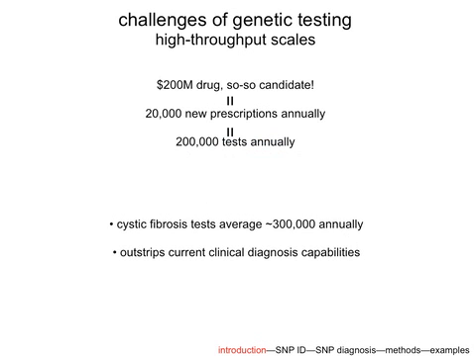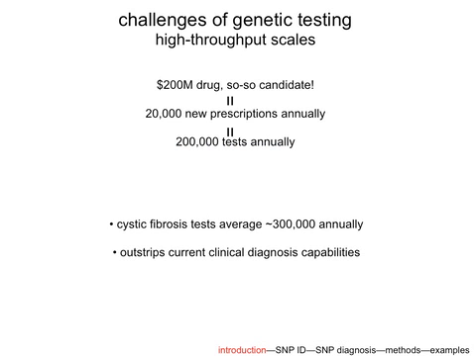But let's just look at the numbers just for a second, and these are sort of the back of the envelope, hand-wavy numbers that we're all familiar with. If we spend $200 million on the development of a drug, it might yield us a so-so candidate. Even so, that's going to result in a very large number of prescriptions each year and a very large number of diagnostic tests that are performed each year. And that number only goes higher with the availability of new tests and new technologies.